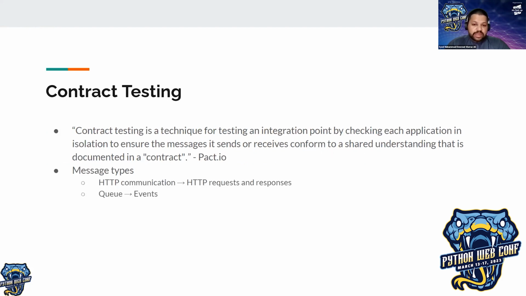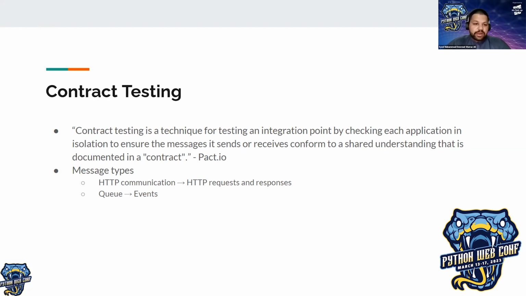Another way to take a look at this: contract testing is a technique for testing an integration point by checking each application in isolation to ensure that the messages it sends or receives conform to a shared understanding that is documented in a contract. So in this definition, again, we are seeing the words like shared understanding documented in a contract, integration point.